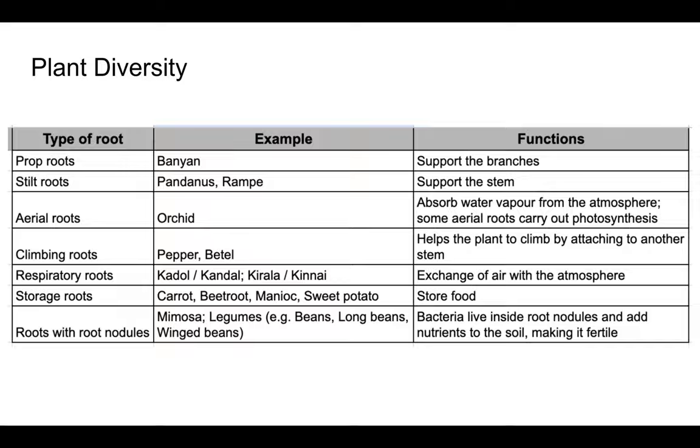The third one is aerial roots. Aerial roots absorb water vapor from the atmosphere. Some aerial roots carry out photosynthesis. Some orchid plants do that. The example is orchid.